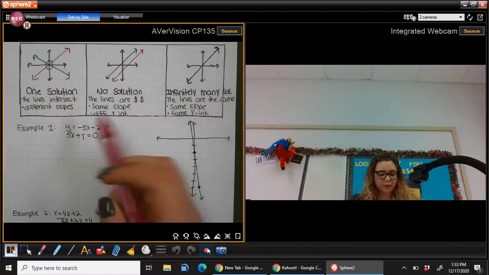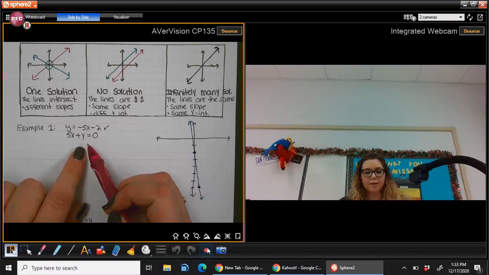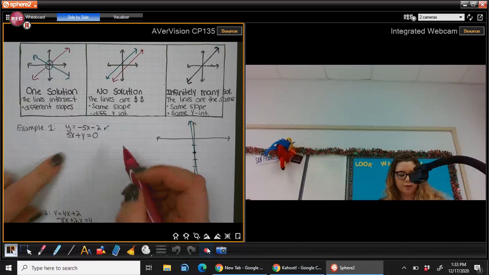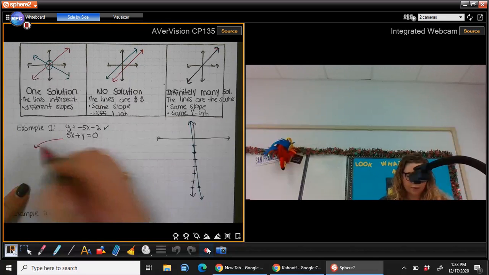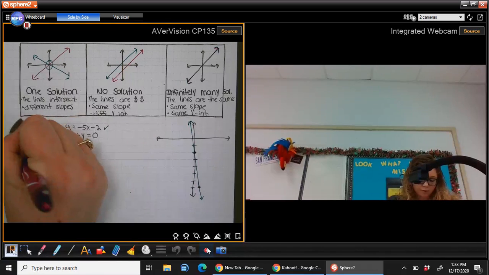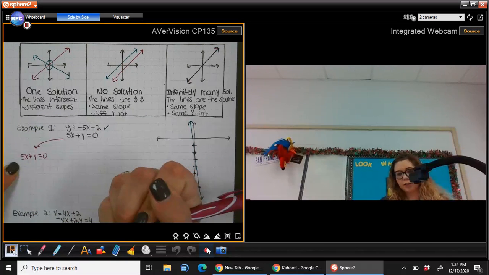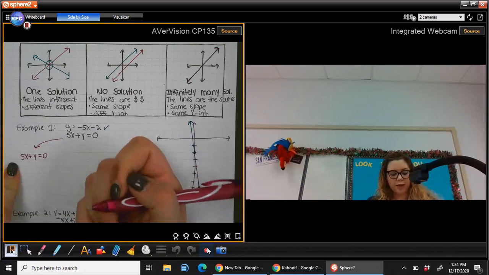So this next one, the first thing I'm going to ask myself is, is this in slope-intercept form? Is y completely by itself? And the answer is no, so we have to put it into slope-intercept form. When we put an equation into slope-intercept form, we first want to move the x.